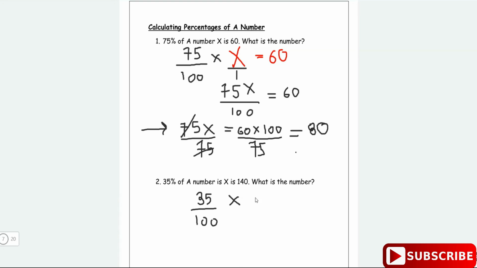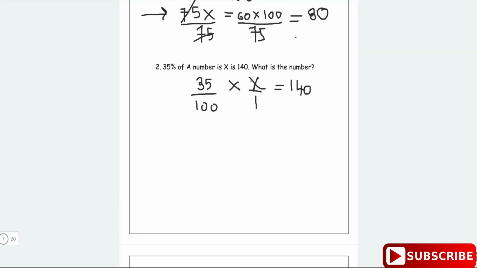So 35 over 100 times the number X, and that's equal to 140. But always remember that when you're multiplying a number, X is really X over 1.